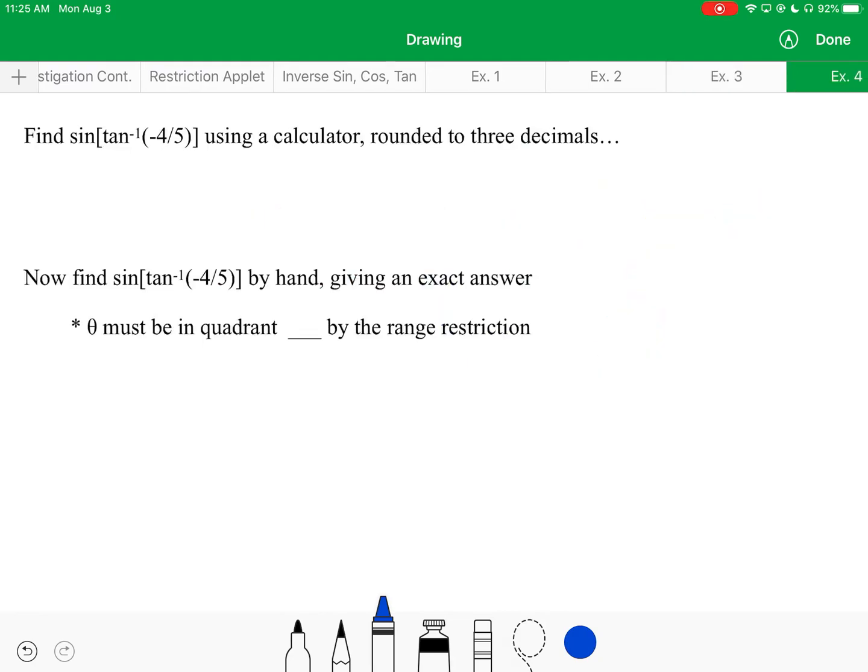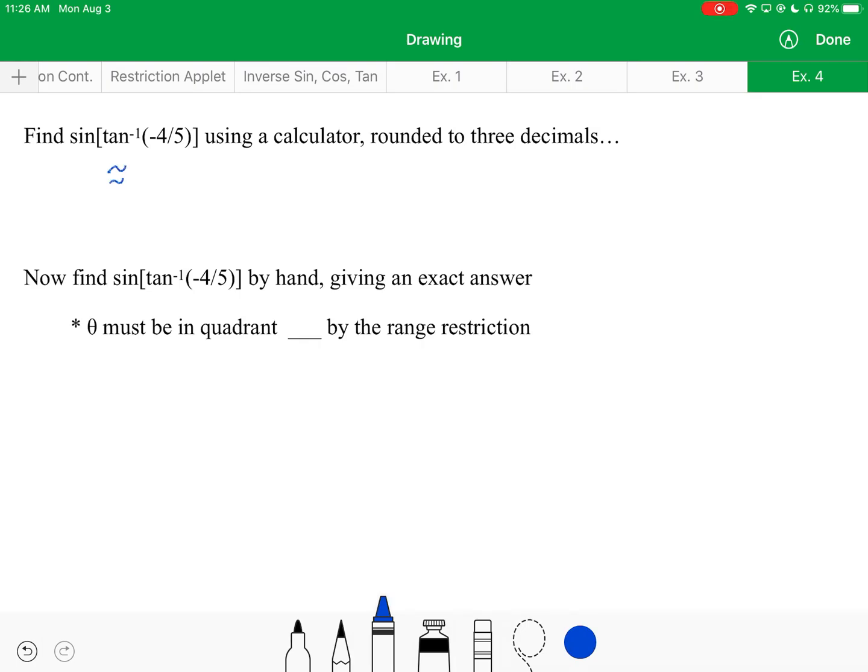All right, one final example. Find sine of inverse tangent of -4/5 using a calculator rounded to 3 decimals. So this is another composition, but notice here the inner function is your inverse function this time. So it's going to yield an angle measure, and then you're going to evaluate sine of that angle measure. So first it just wants me to approximate it on my calculator.